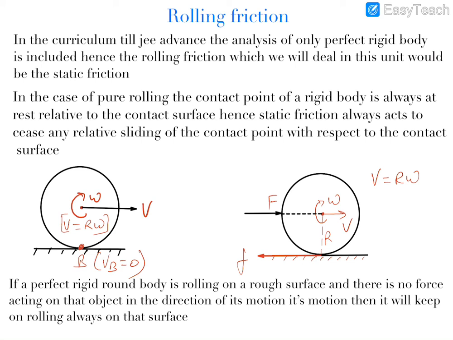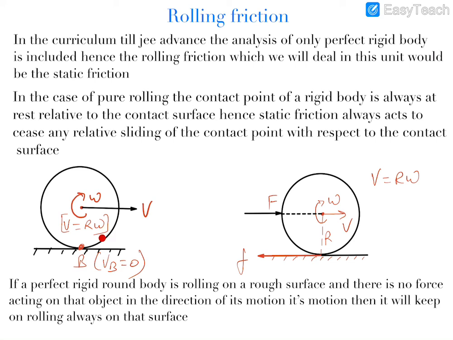If we apply some force on the body to slide it on that surface, but it has not yet started to slide, there is a friction opposing any sliding motion between that body and that surface, and that friction is known as static friction.